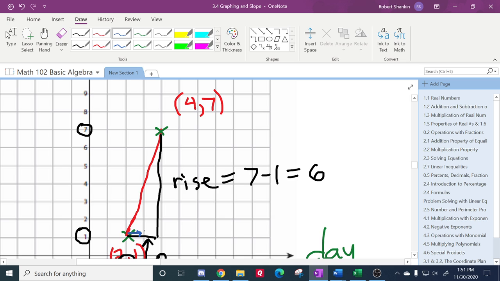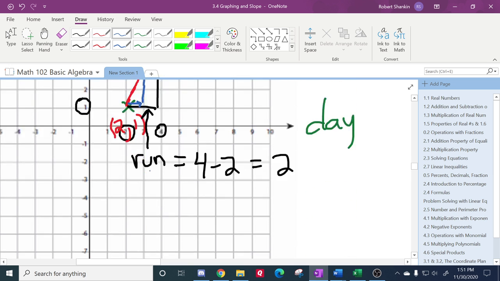Every time the x went 1 bigger, the y went 3 bigger. Every time you went 1 to the right, that means every day that went by, the price gained $3. And that's very significant.